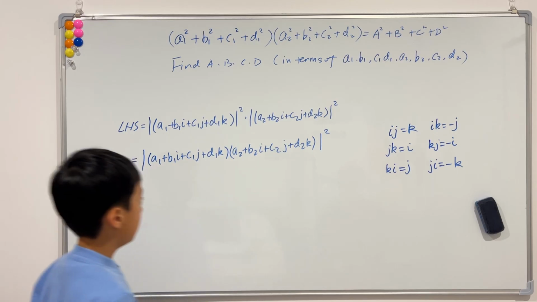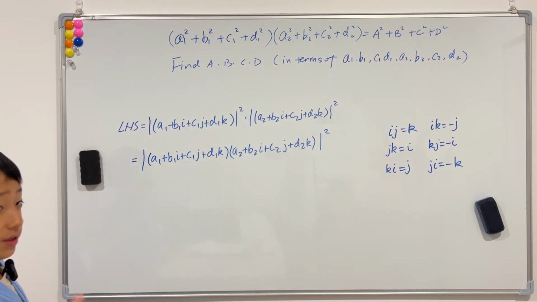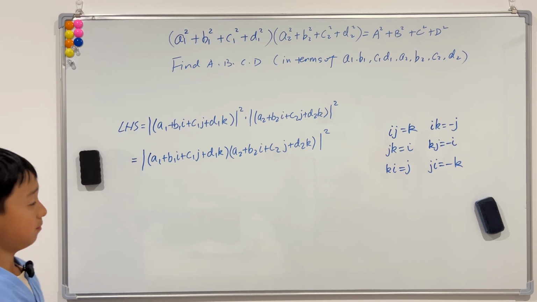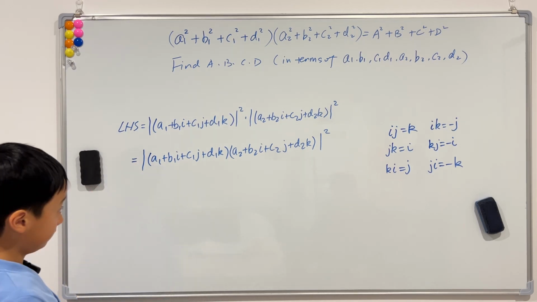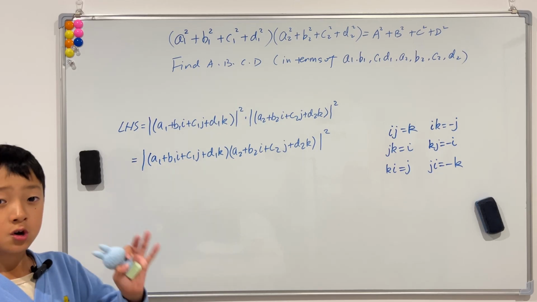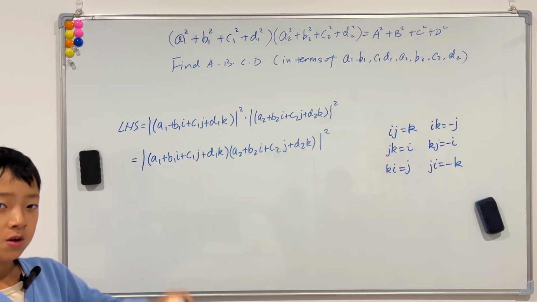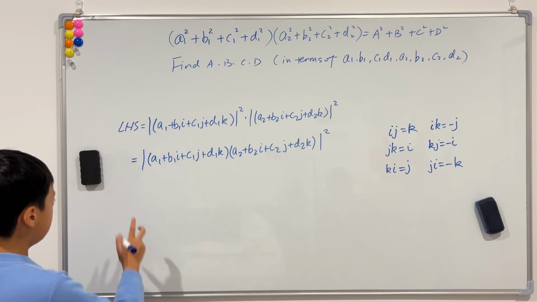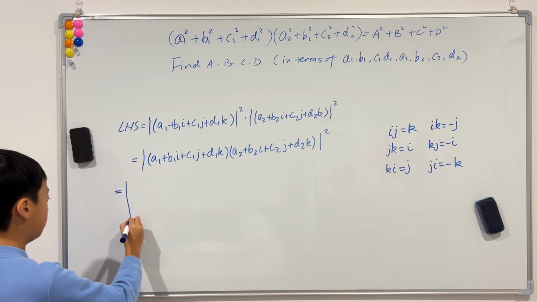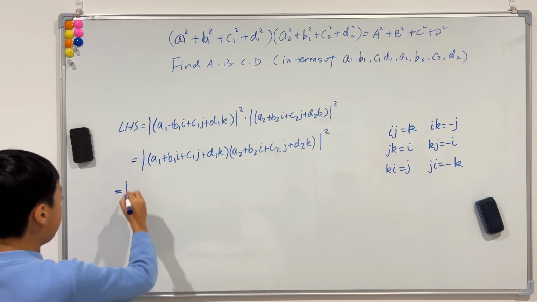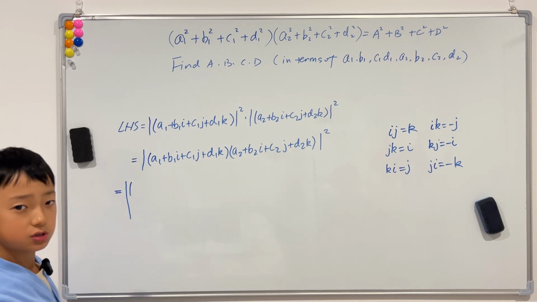modulus squared. So here's where things get complicated. We'll separate this into the real term, the I term, the J term, and the K term. And in total, we're going to write down a total of 16 terms. So let's go. This will be equal to. Okay, the first bracket is going to be the real terms.